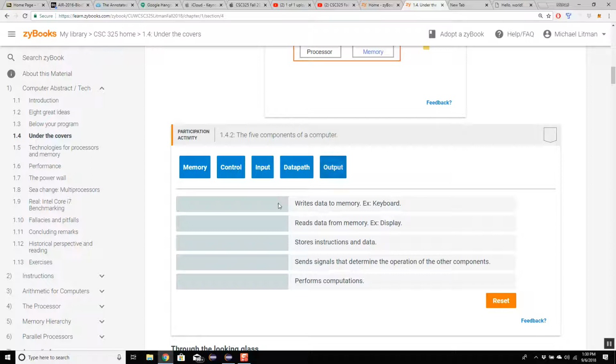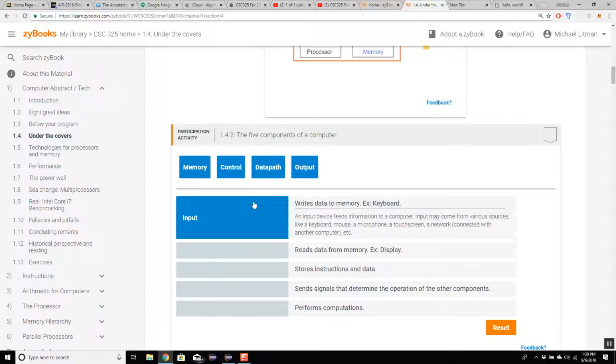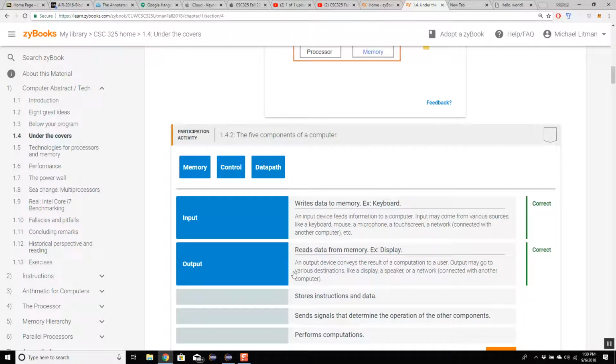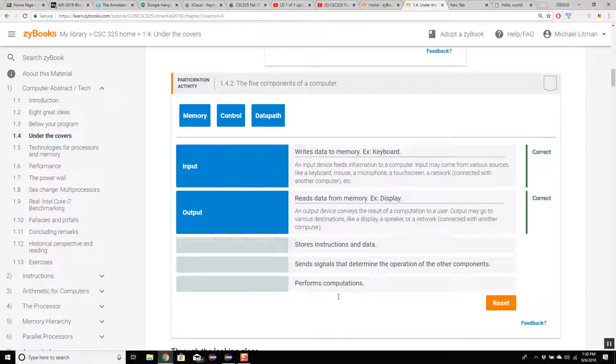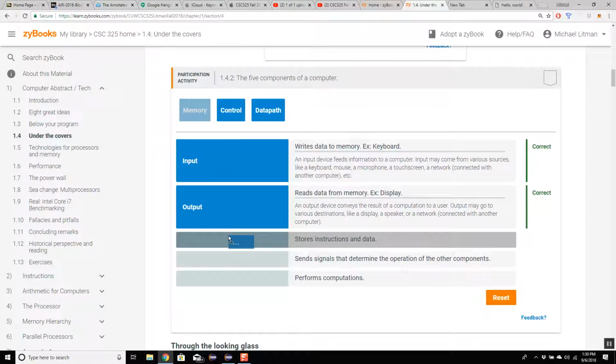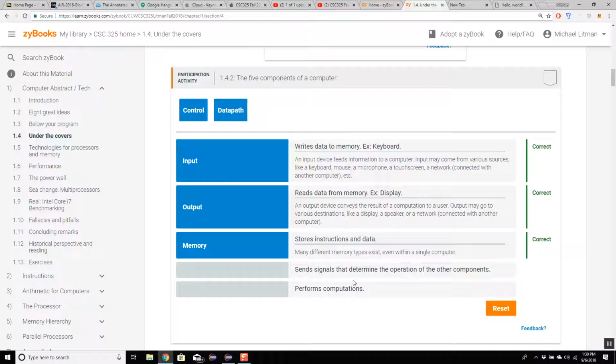Well, we can fill this out, right? Writes data to memory. Which one is this? This is input. All right, reads data from memory. Output. Stores instructions and data. Sends signals that determine the operation of other components.